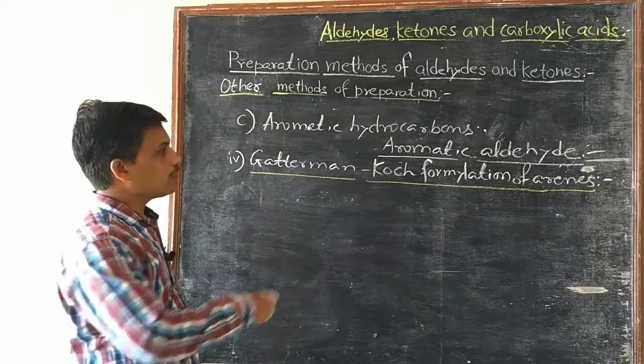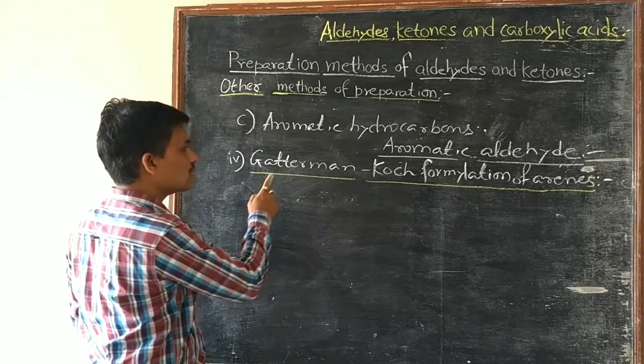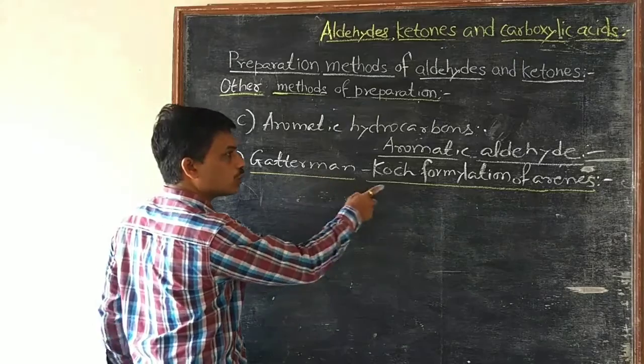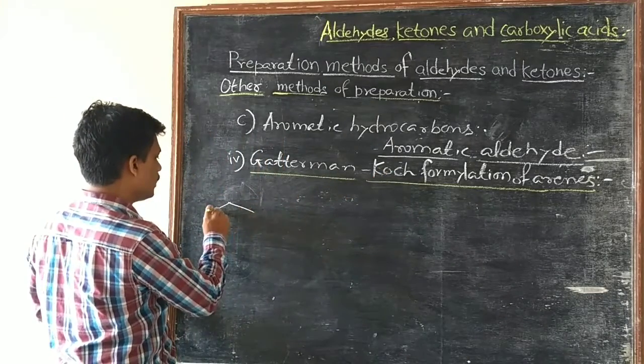Then the next method of preparation of aromatic aldehydes from aromatic hydrocarbons is Gattermann-Koch formylation of arenes. Arene, for example, we will take here benzene.